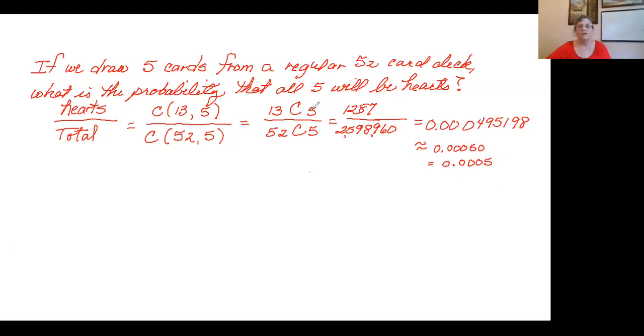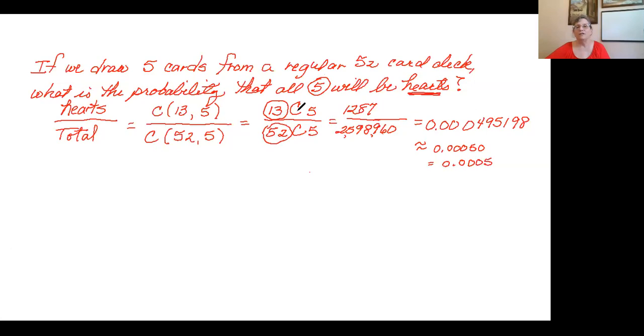So these numbers will be the same. This will be the smallest number, the cards you're choosing, or the meals you're choosing, or flowers you're picking, or whatever. The bottom number is going to be the total number in the sample that you can choose from. This number will be the total number from the 52 or whatever that will satisfy your interest, that they be hearts.